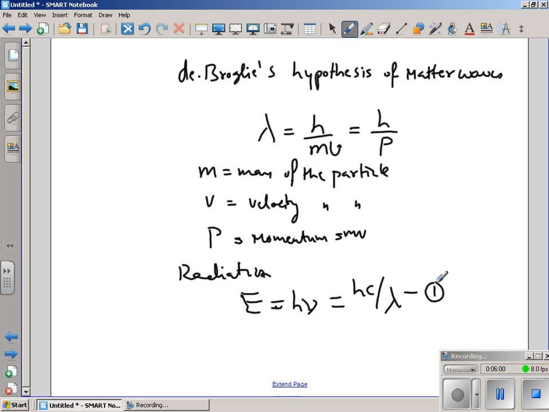According to Einstein's mass-energy relation, the energy can also be written as E equals mc squared, where c is the velocity of radiation.